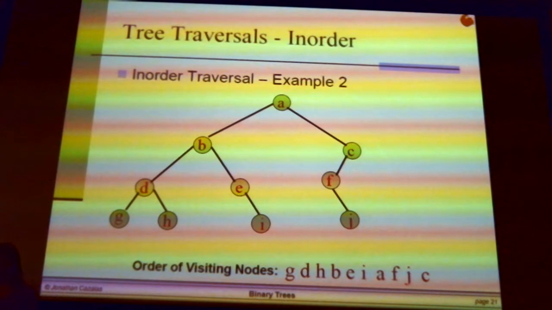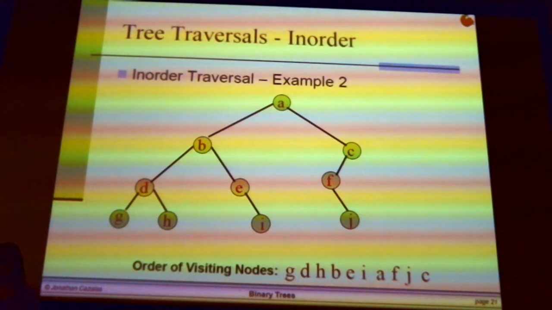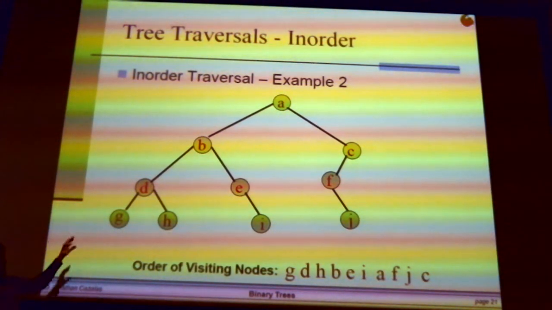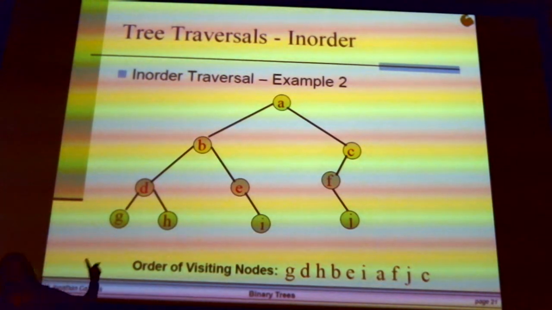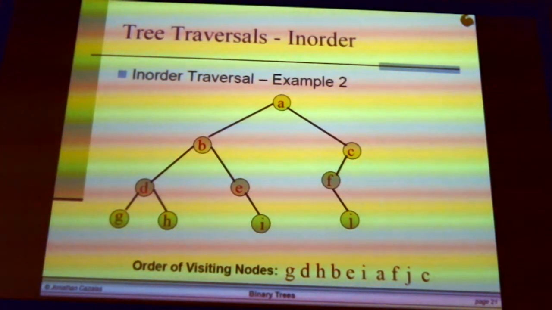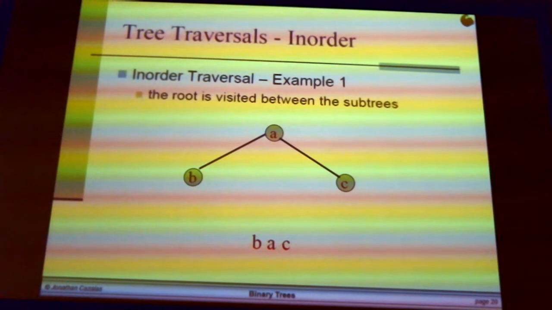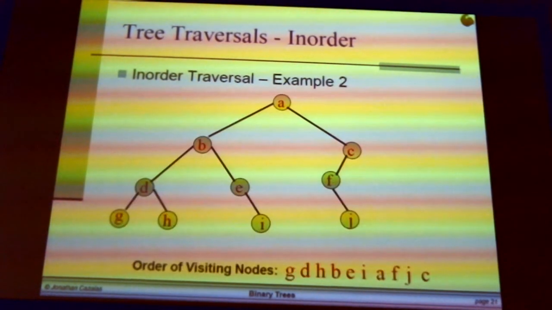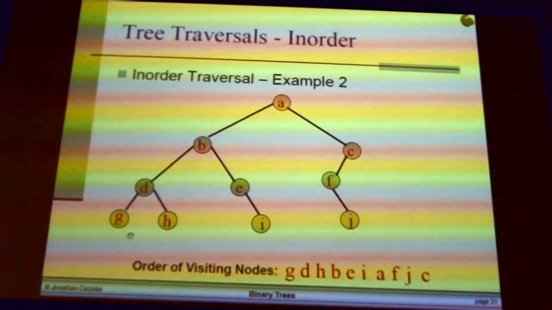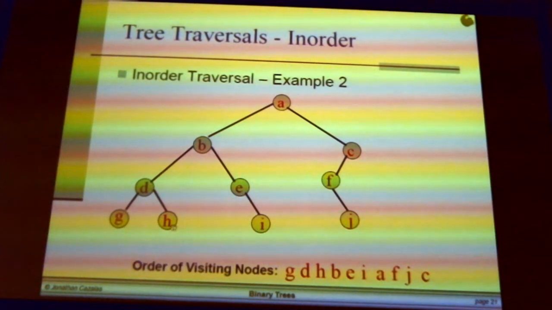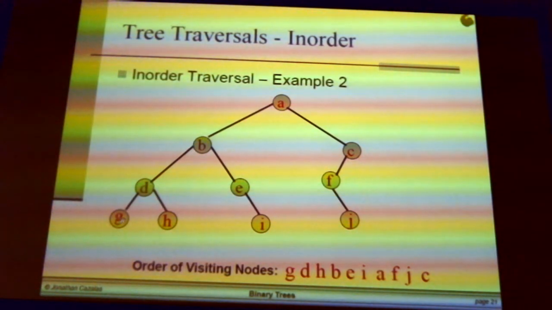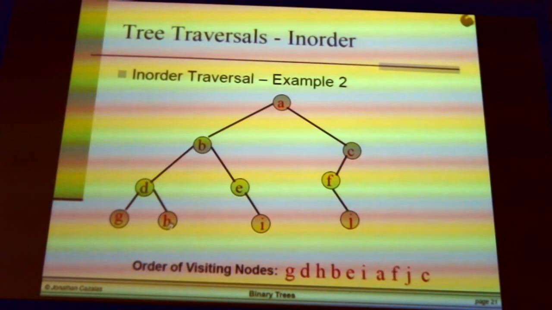D has 2 children. If we do that in between, apply the same concept of E, A, C, except do it here with G, D, and H. So this would be B, that would be A, and this would be C.